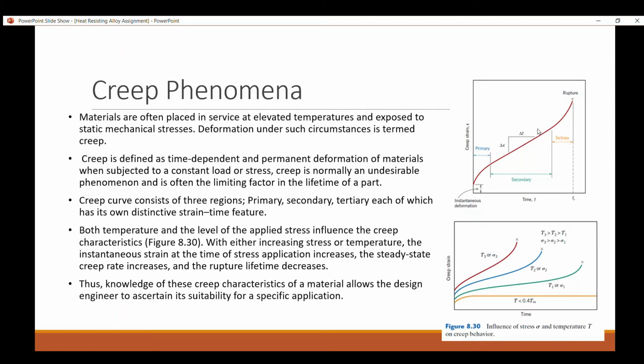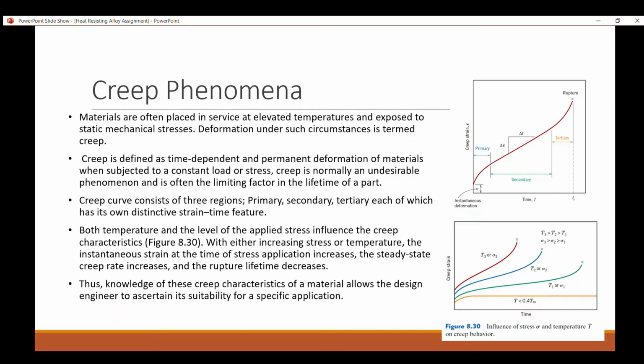This constant creep is due to competing processes of strain hardening, recovery, and recrystallization. These 3 processes are basically an annealing process, which makes a material softer, and it also retains its ability to experience deformation.